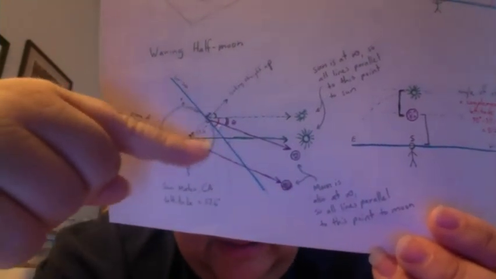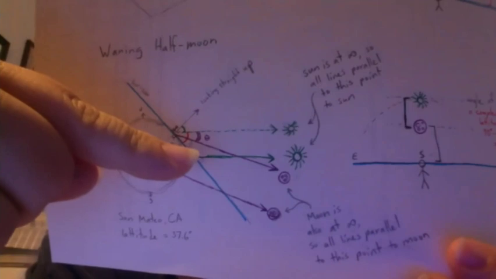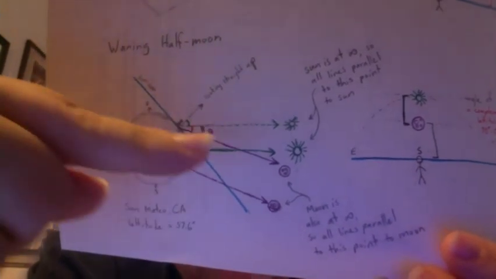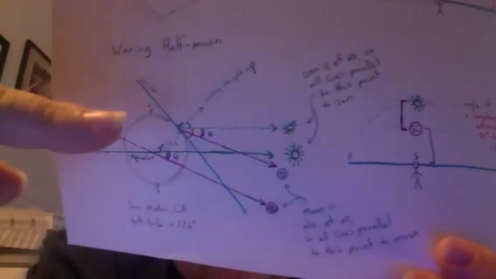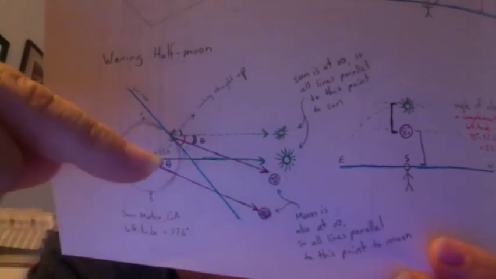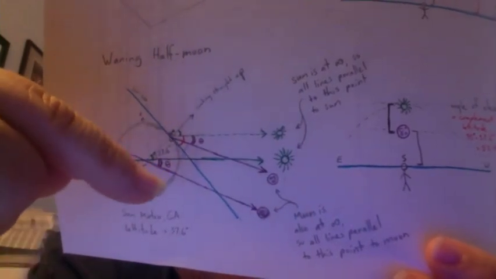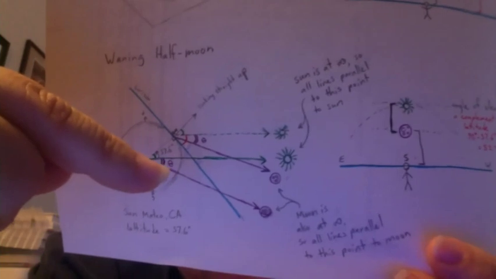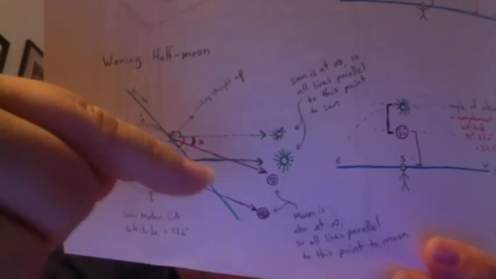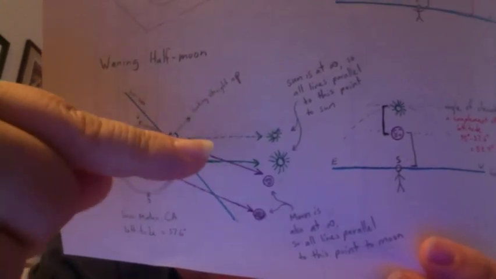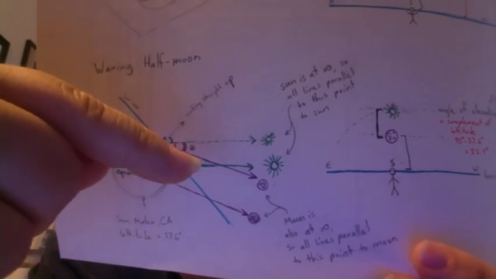Whatever that angle is, again, the moon is at infinity, so this other purple line is also pointing at the moon. And because the line that points at the sun is parallel to the equator, the angle between the plane of the moon's orbit and the equator, which is theta, is the same angle as the difference between the sun's and the moon's angle of elevation.